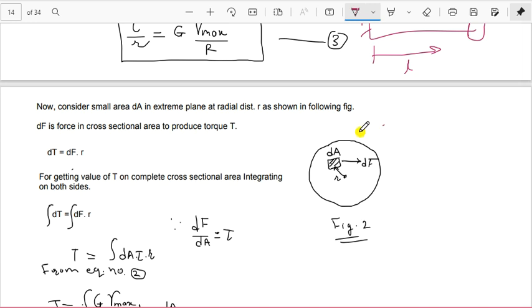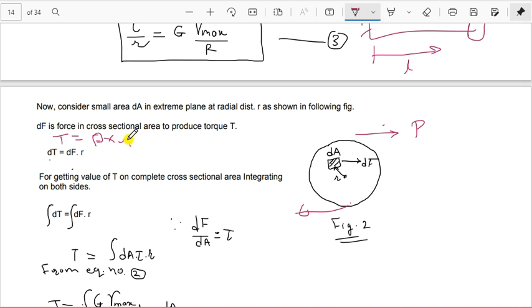Even though the applied forces are normal to the cross section, they produce a shear deformation. So dF, we can write, if T is a force into distance, then the torque on the small area dA will be dF into r. You can even consider F equal to P also.